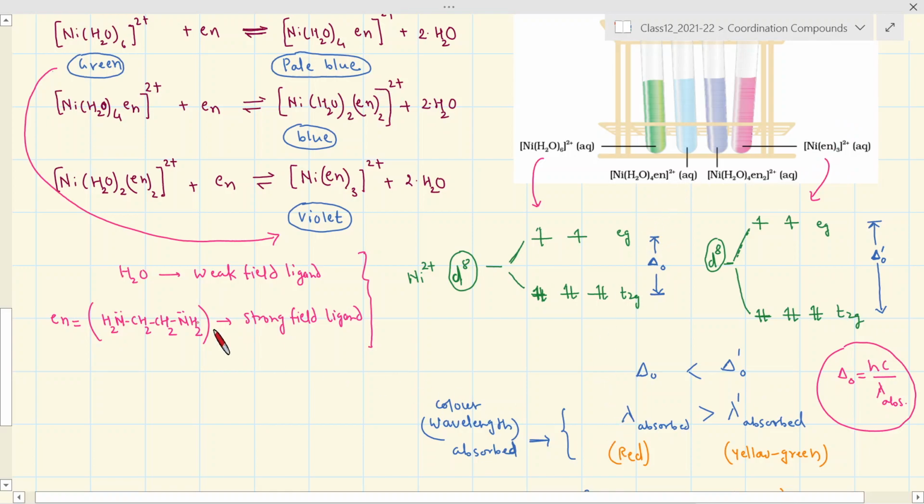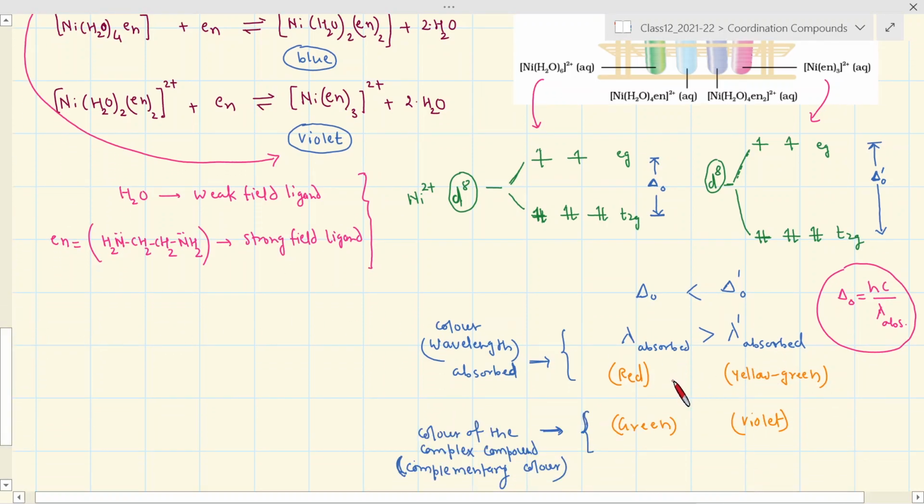In fact, the wavelength that is absorbed by the solution of this complex compound is somewhere in the red region, and the wavelength of the light that is absorbed by the solution of this complex compound, which corresponds to a higher level of splitting, is actually a lower wavelength, which is in the yellow green region. And since this is the wavelength that is absorbed, what we will see as a color is the complementary color.